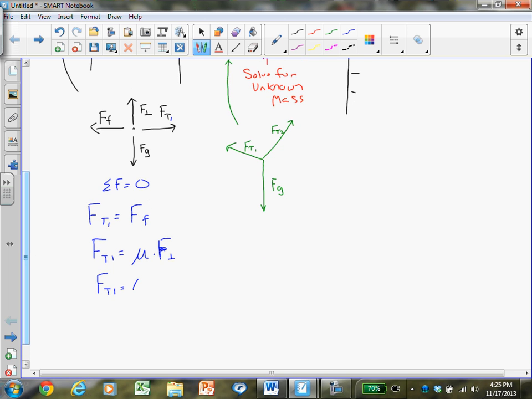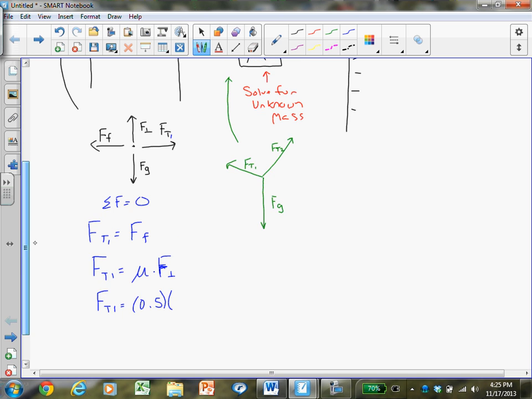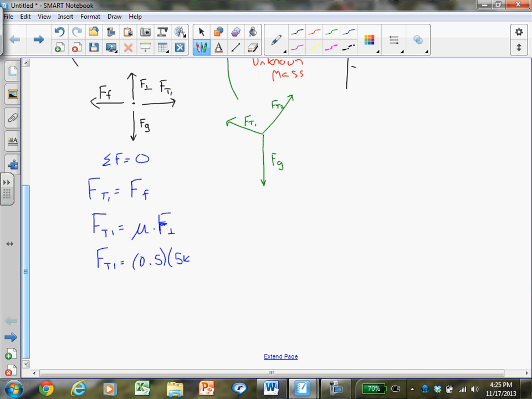It's 0.5. We know what F perpendicular is because it's just mg, and our mass is 5 kilograms times 10 meters per second squared. So we end up with 0.5 times 5 times 10, or 25 newtons. So now we know that over here, this is equal to 25 newtons.